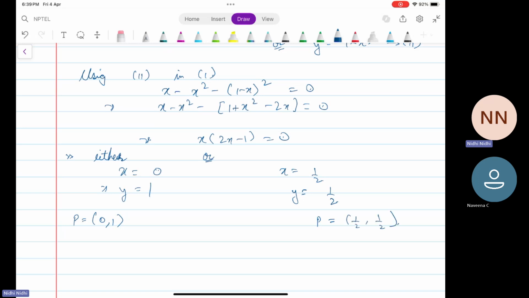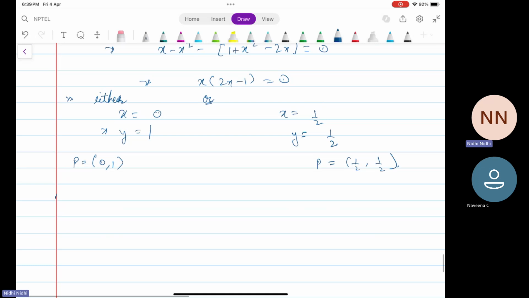So the point from where the distance with origin is minimum of these two points will give us our PKO. Now the distance between (0, 0) and (0, 1), squared, is (0 minus 1) times (0 minus 1), which is 1.